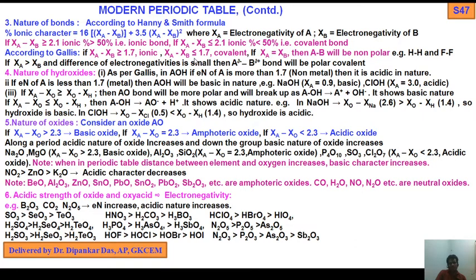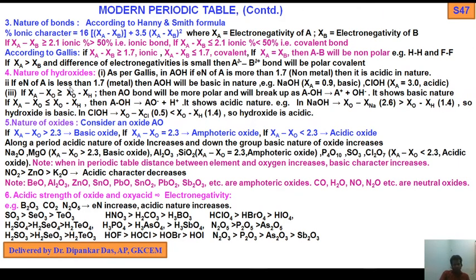If less than or equal to 1.7, covalent. If chi A equals chi B, then AB will be non-polar, as in H-H and F-F.